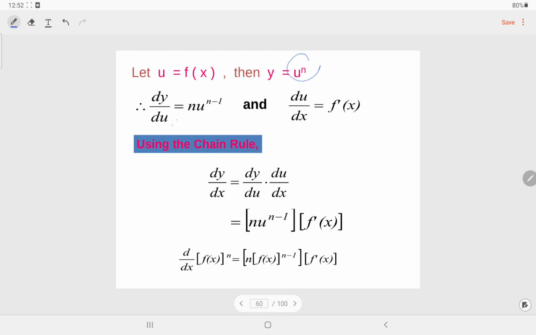So dy over du is n u power of n minus 1, then du over dx with respect to x, we get f prime x. By using the chain rule, dy over dx equal to dy over du times du over dx, so we get this answer.